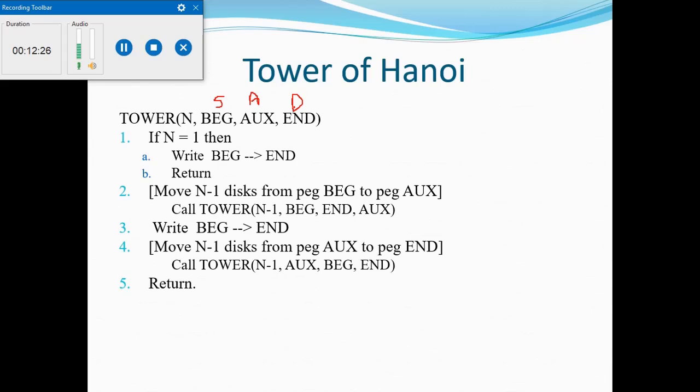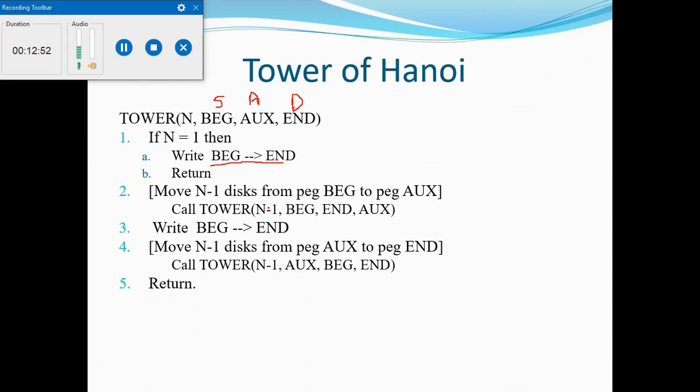See, you have to note the order. The first is always the source. Out of the three pegs, the order we have seen is: the first is source, the second is auxiliary, and the third is destination. So if n is equal to 1, write beginning to end directly, that is source to destination directly, and return. Otherwise, call tower, that is the recursive function, with n minus 1.